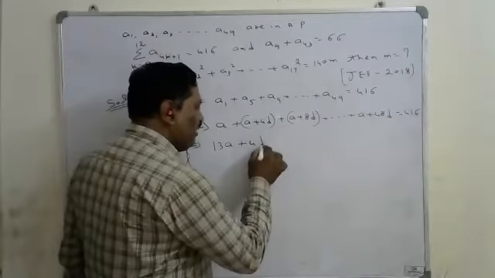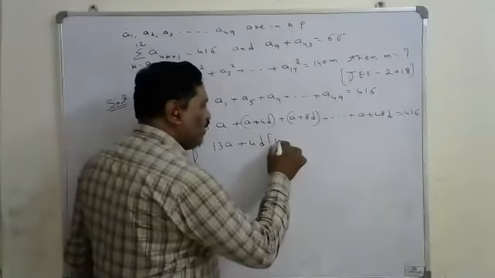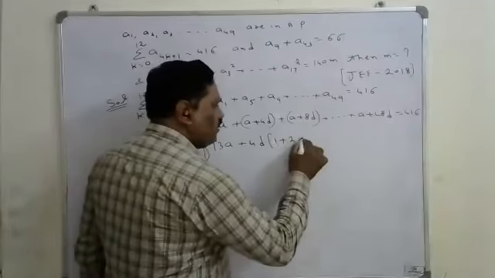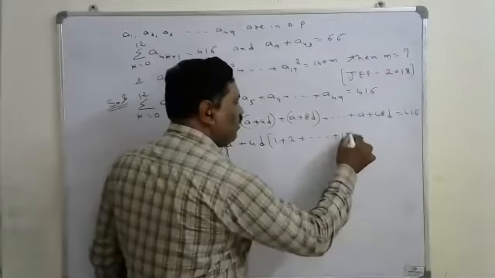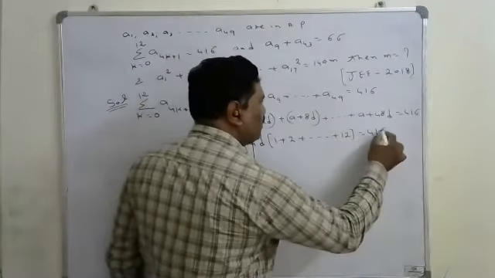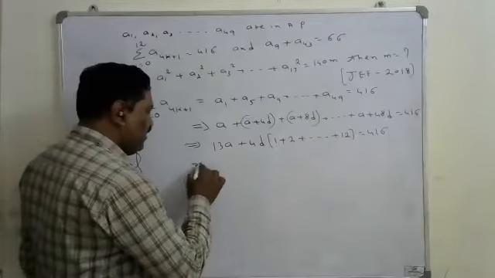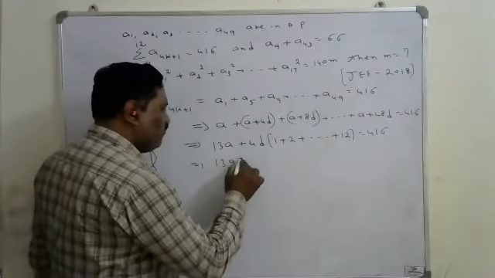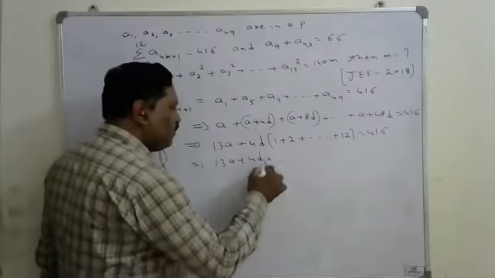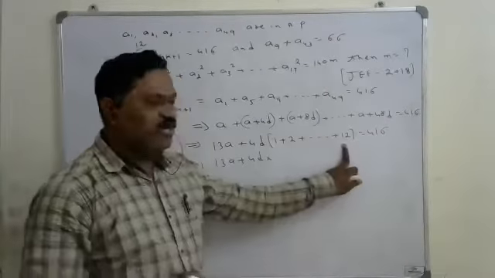The remaining is 1 plus 2 plus 3 plus, and so on up to 12, which is given as 416.